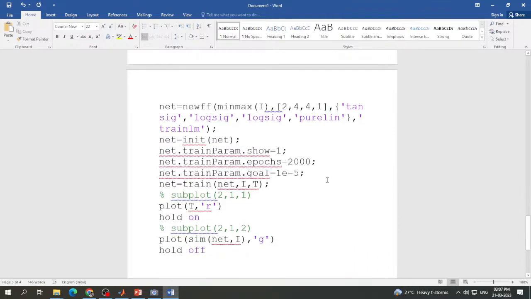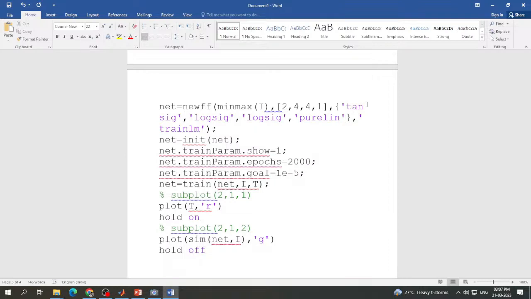So minmax is the maximum and minimum present in the input, then the layer structure, and now you have to specify the activation functions present in the nodes. For the input I am going to use tansig, and for hidden logsig 2 times, because here 2 hidden layers are there of 4 nodes.